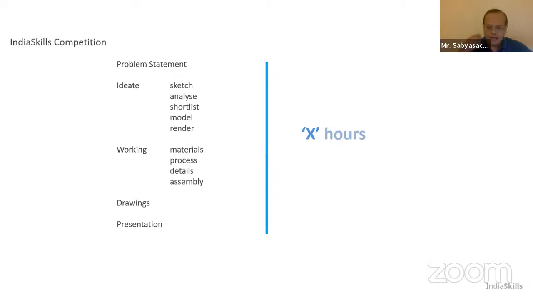After that, you have to ideate, which means you have to make sketches. You have to analyze your various ideas. Out of all the ideas, you have to shortlist. Then after you've shortlisted your final idea, you have to make a final sketch, model it in CAD, and then render it.